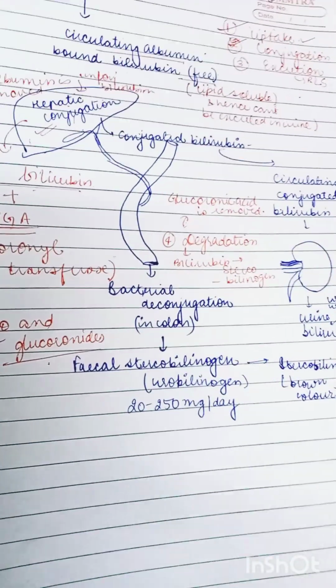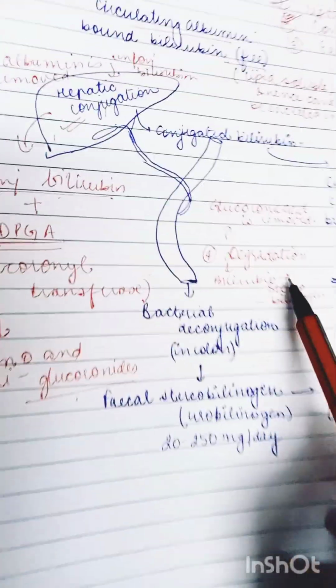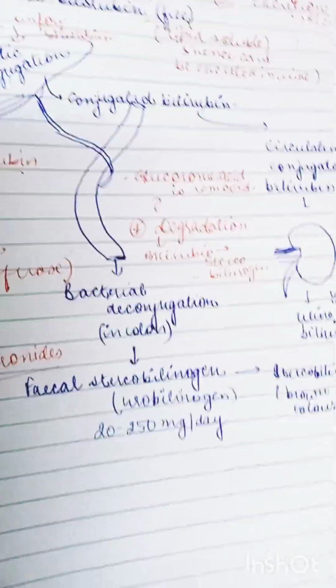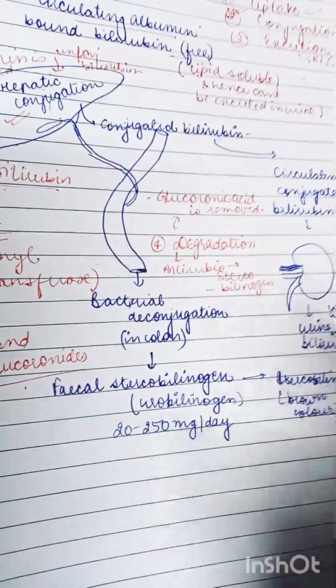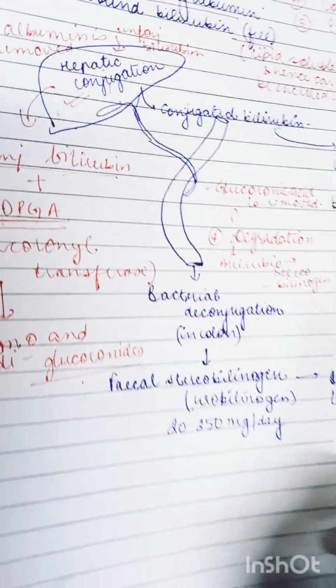So the first major step in degradation is that glucuronic acid is split from the bilirubin, and bilirubin undergoes reduction to form stercobilinogen.